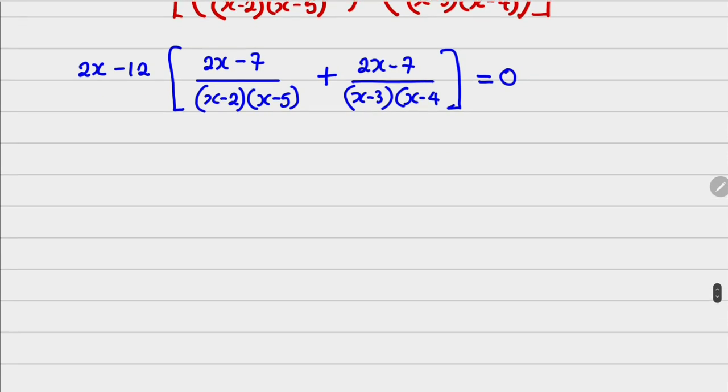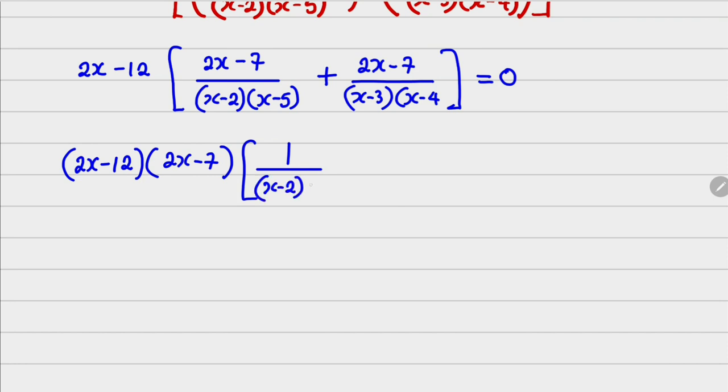Now, I'll factorize 2x minus 7 out again because it is common. So I have 2x minus 12 times 2x minus 7, all multiplied by the bracket: 1 over x minus 2 times x minus 5, then plus 1 over x minus 3 times x minus 4.